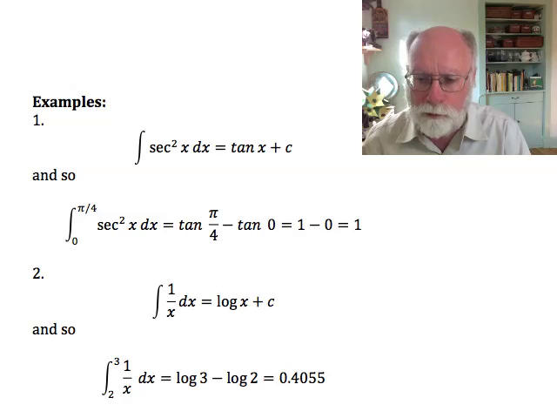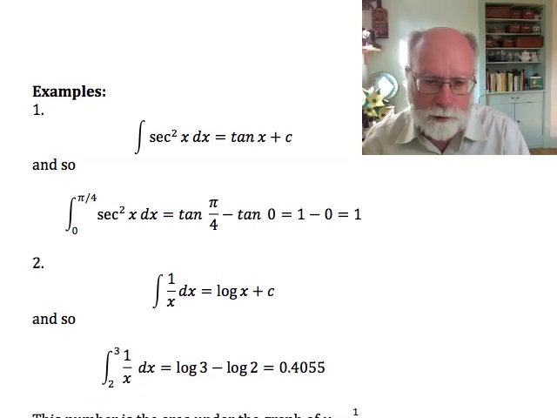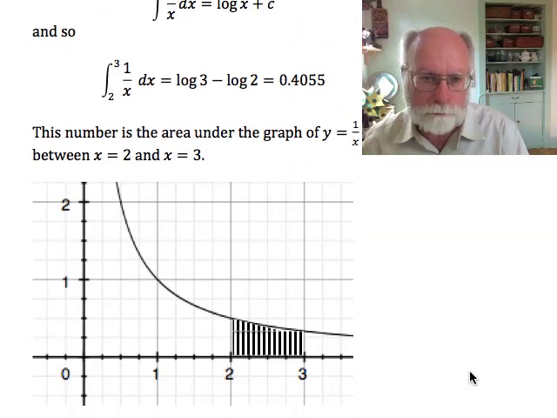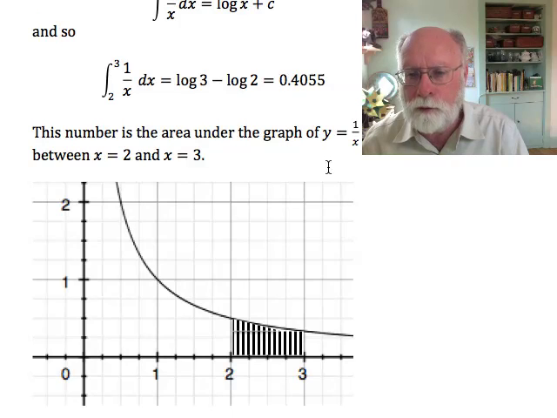Now you'll remember that that integral also represents a geometric fact. The number that we calculate is the area under the graph of y equals 1 over x between x equals 2 and x equals 3. So here is the graph y equals 1 over x, and I've shaded the region under that graph between 2 and 3.